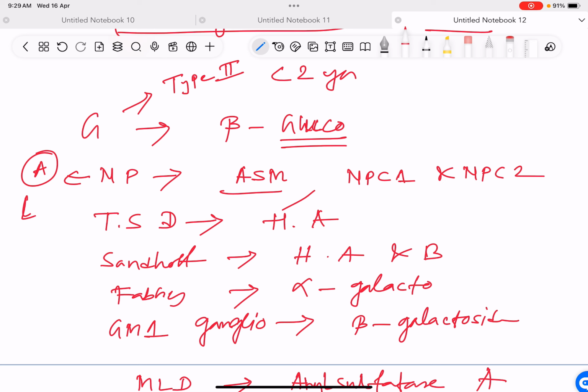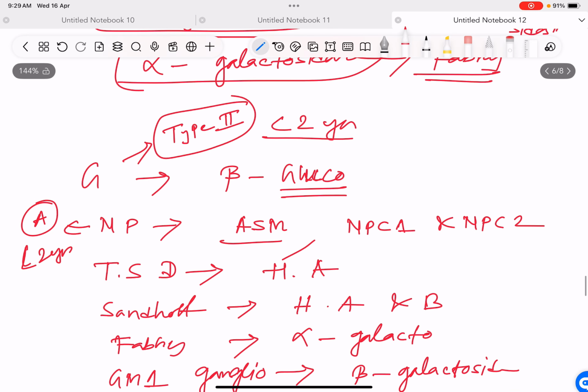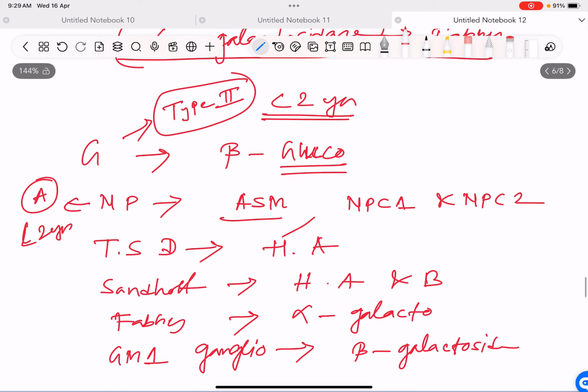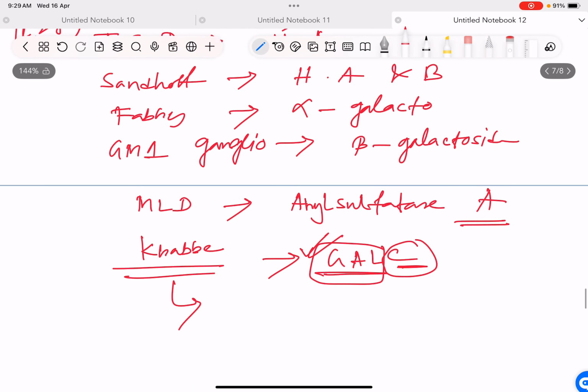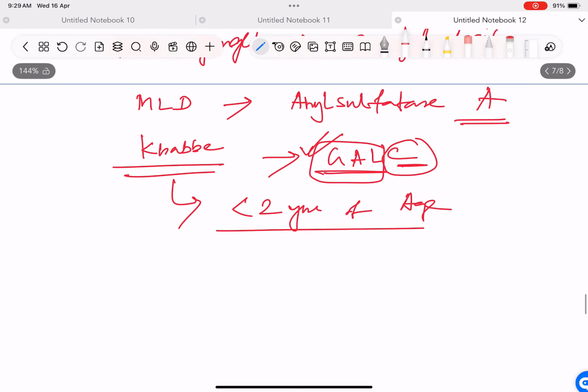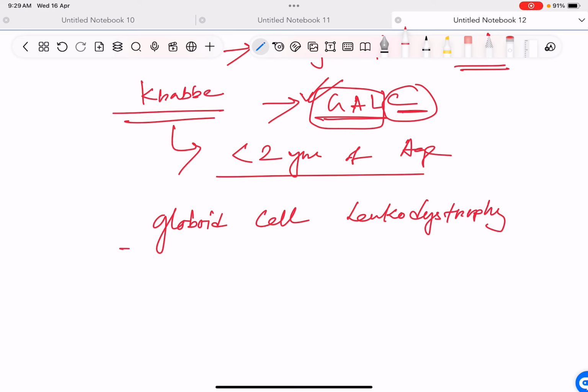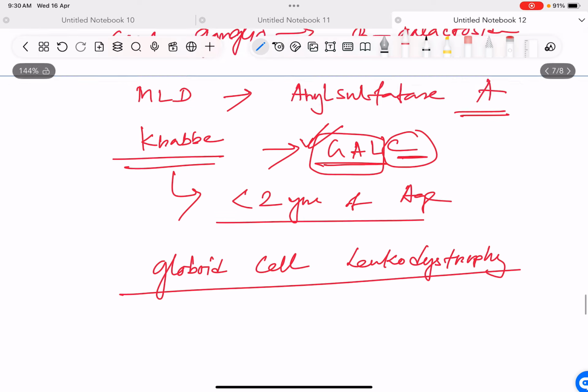Type A also dies before 2 years of age. Gaucher disease type 2 dies before 2 years of age. Niemann-Pick disease type A dies before 2 years of age. Krabbe's disease also dies before 2 years of age. Another name for Krabbe disease is globoid cell leukodystrophy.